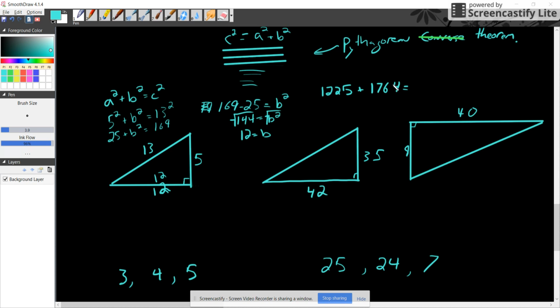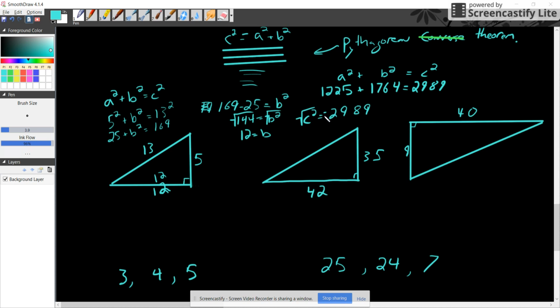And when I add these together, I get 2,989. Keep in mind this is a squared plus b squared is equal to c squared. So if c squared is equal to 2,989, what is c?